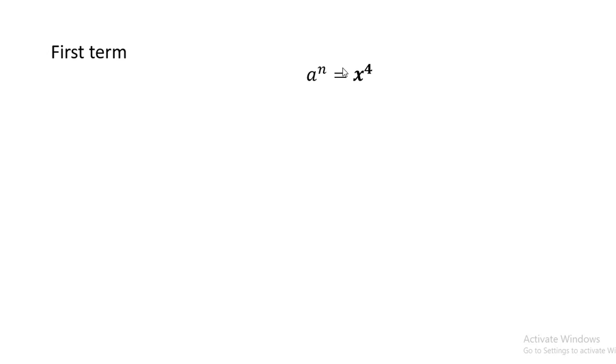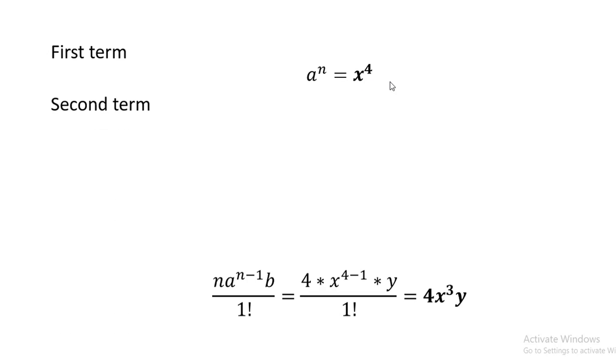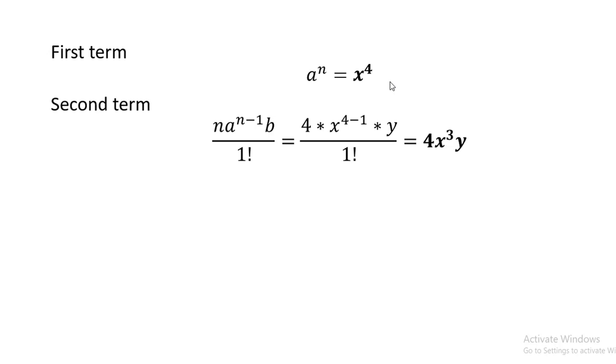So n equals 4, x power 4. Now for the second term, we bring down 4, reduce one power, that is 4 minus 1, x, and we introduce b, that is y, upon 1 factorial.